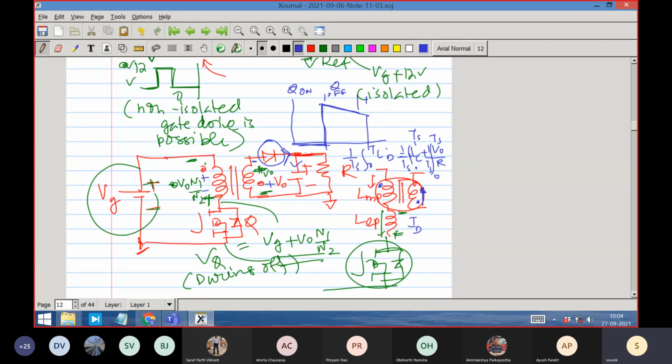Don't interpret ID average as the label part. I am interpreting it over the TS period. This is what capital ID is: ID averaged over the entire period TS. That must be equal to V naught by R, because the average capacitor current is equal to 0.